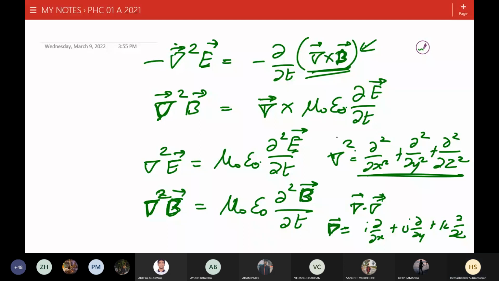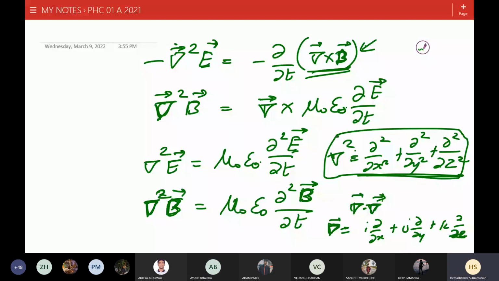Sorry, I forgot to explain that to you. Del square is just this expression. It's a Laplacian operator, the dot product of the del operator with itself.